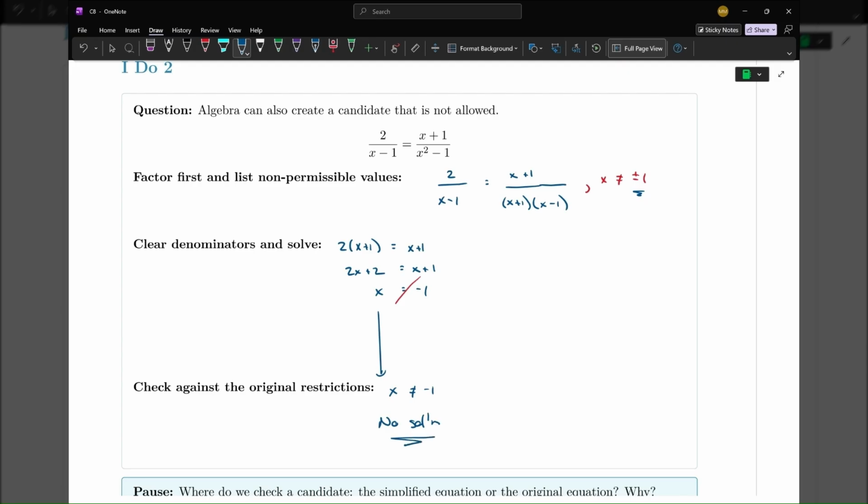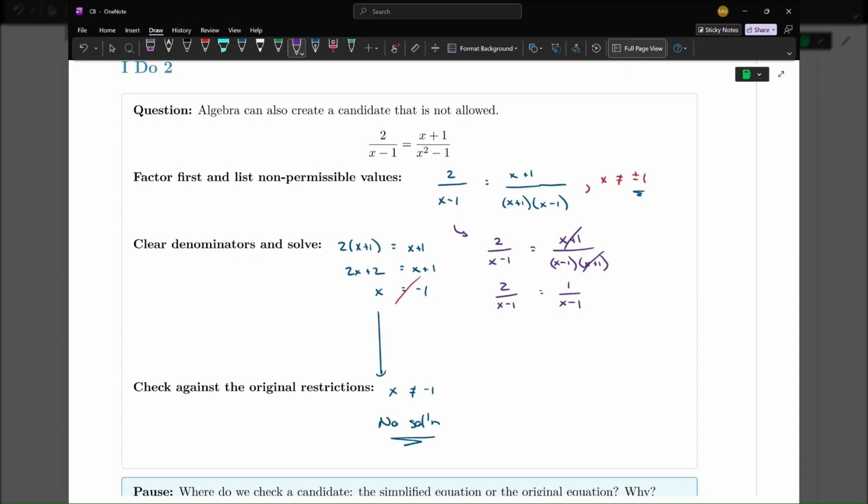Now here's a neat little thing. If I change colors, what if I had reduced it? Would that have fixed my problem? In that case, I would have 2 over x minus 1 equals x plus 1 over (x minus 1)(x plus 1). But if x plus 1 divides out, that leaves 2 over x minus 1 equals 1 over x minus 1.